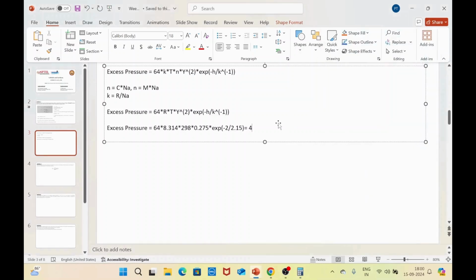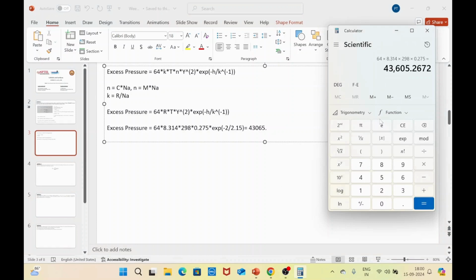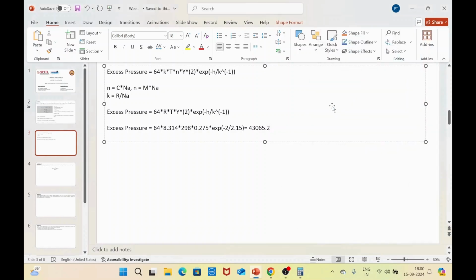You can write it as 430,625 3065.26 times your exponential of minus 2 by 2.15. So this 2.15 is nothing but your kappa inverse.